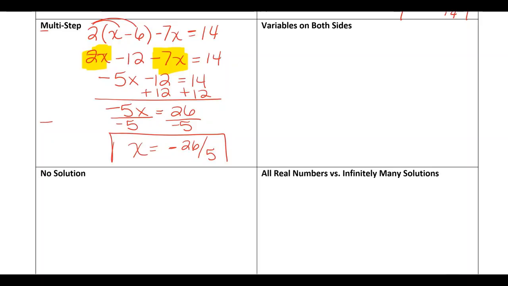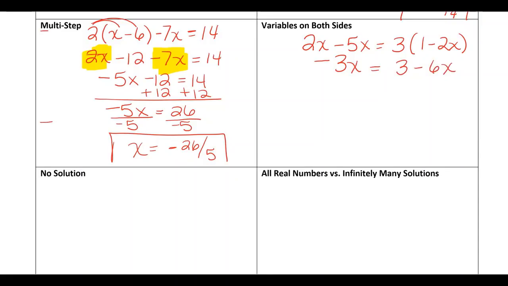Next is variables on both sides. We have 2x minus 5x equals 3 times 1 minus 2x. So on this side, you would clean up the left side first. So I would end up with a negative 3x. You would clean up the right side next. You would have 3 minus 6x.